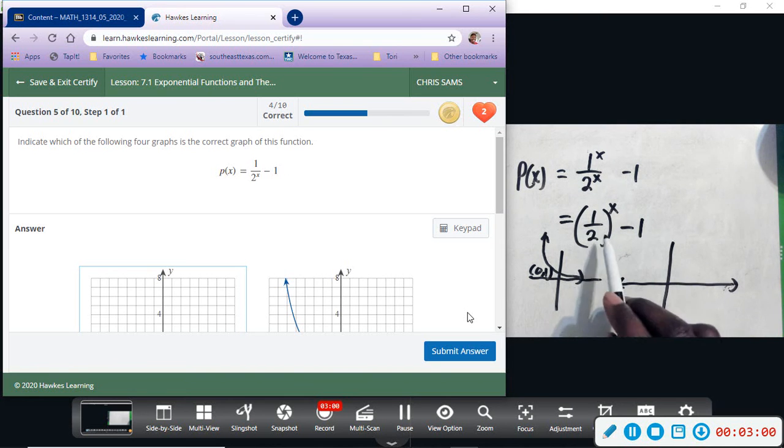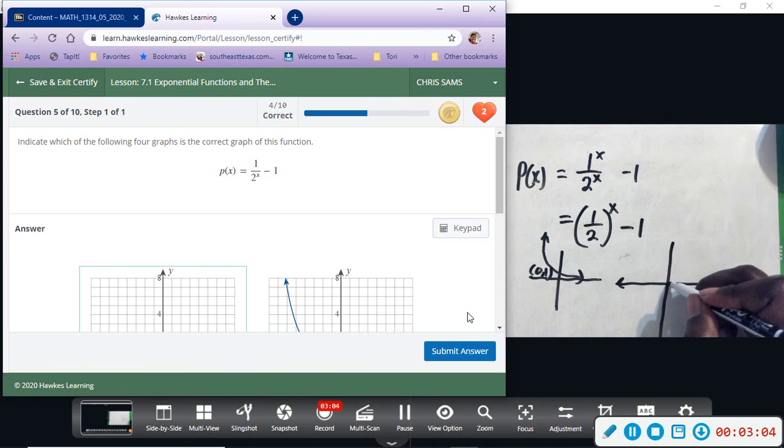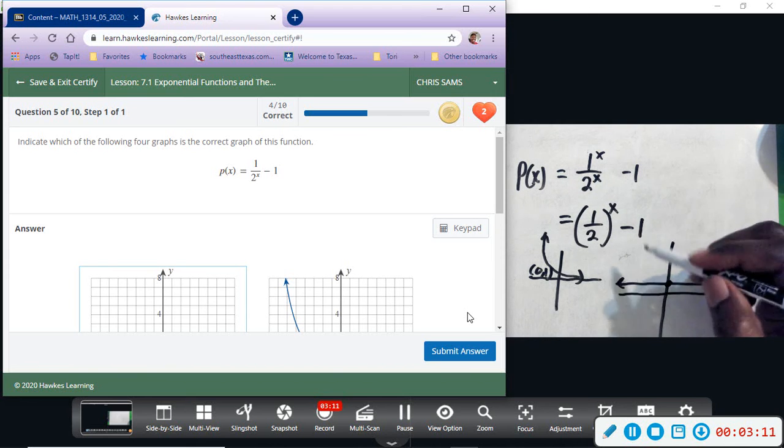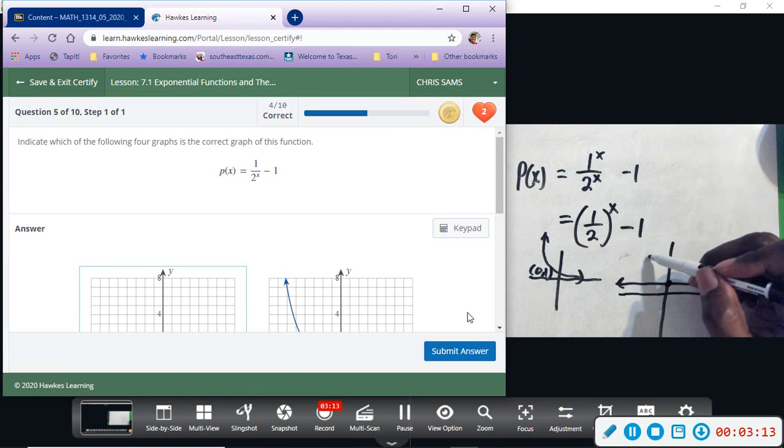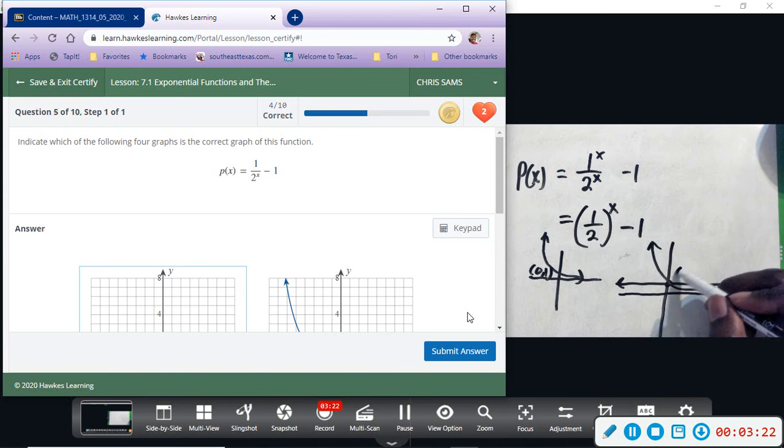Instead of going through the point (0, 1), it's going to go through (0, 0), and it's going to flatten out at negative 1 instead of 0. So your graph should be showing exponential decay going down this way, flattening out at negative 1 instead of 0, and going through the point (0, 0).